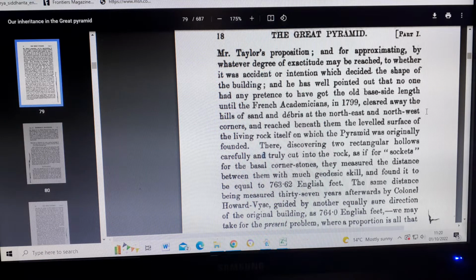They measured the distance between them with much geodesic skill, and found it to be equal to 763.62 English feet. The same distance was measured 37 years afterwards by Colonel Howard Vyse, guided by another equally sure direction of the original building, as 764 English feet.